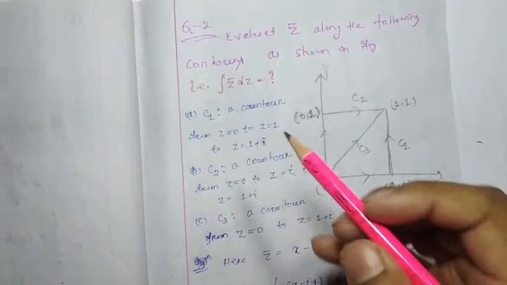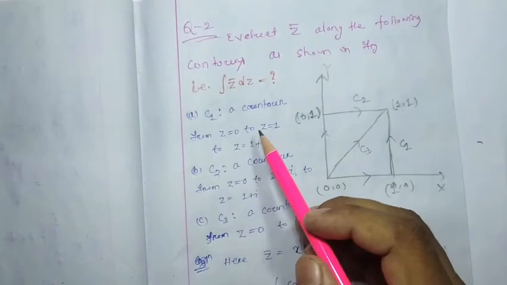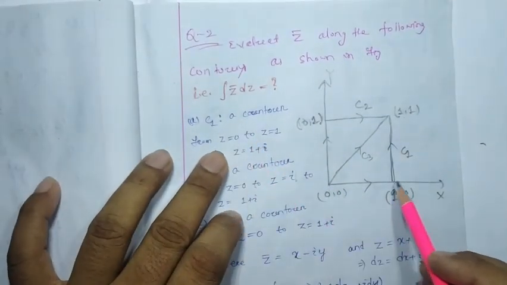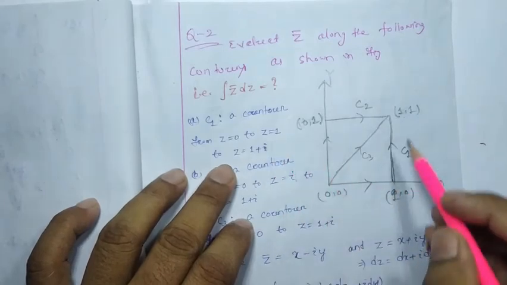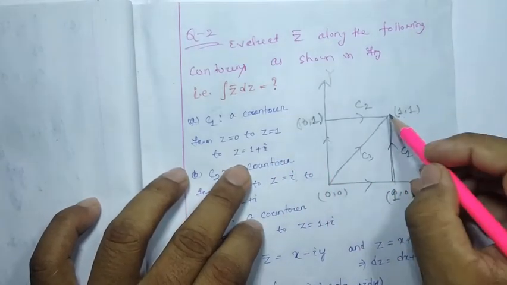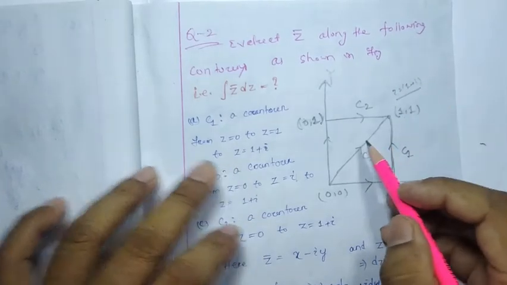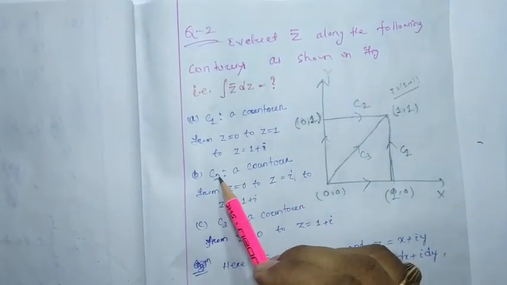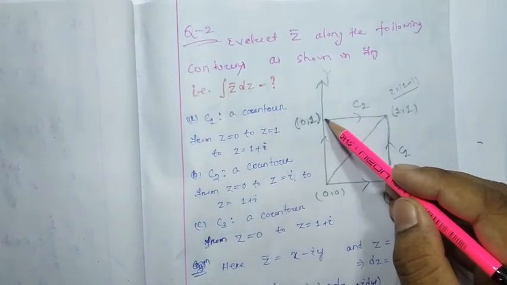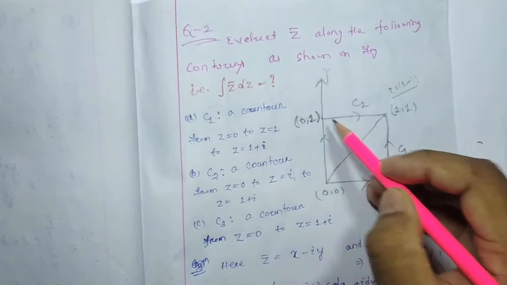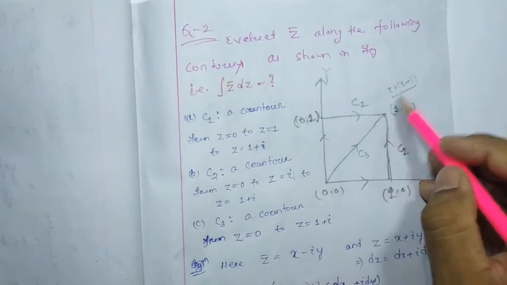Here the contours are: C1 is a contour from z equal to 0 to z equal to 1, then z equal to 1 to z equal to 1 plus i. See, this point is z equal to 1 plus i, right? Contour 2 is from z equal to 0 to z equal to i, and z equal to i to z equal to 1 plus i.